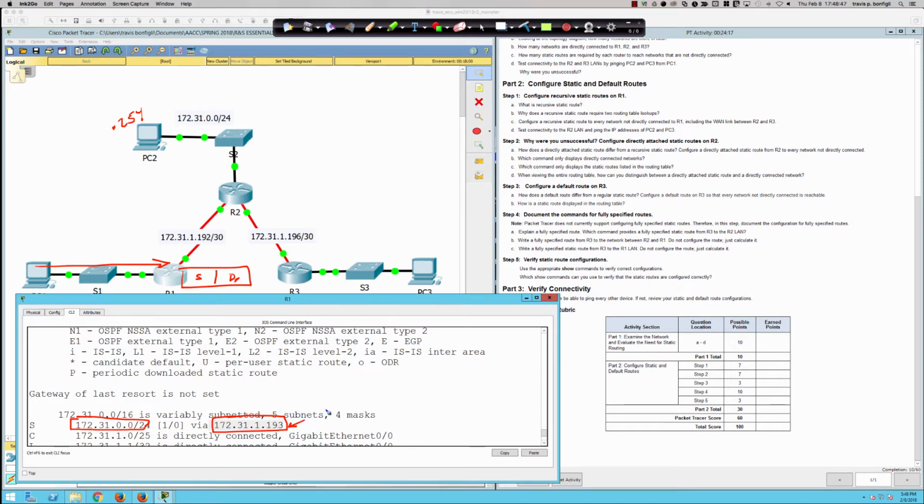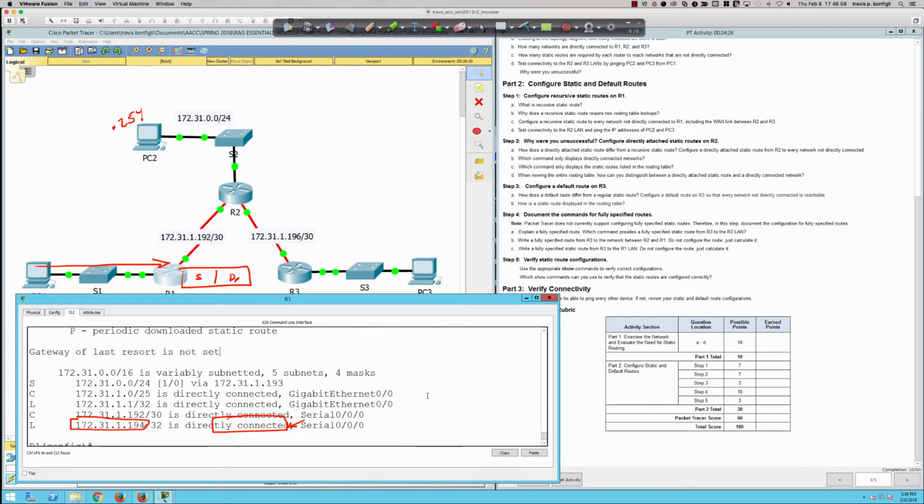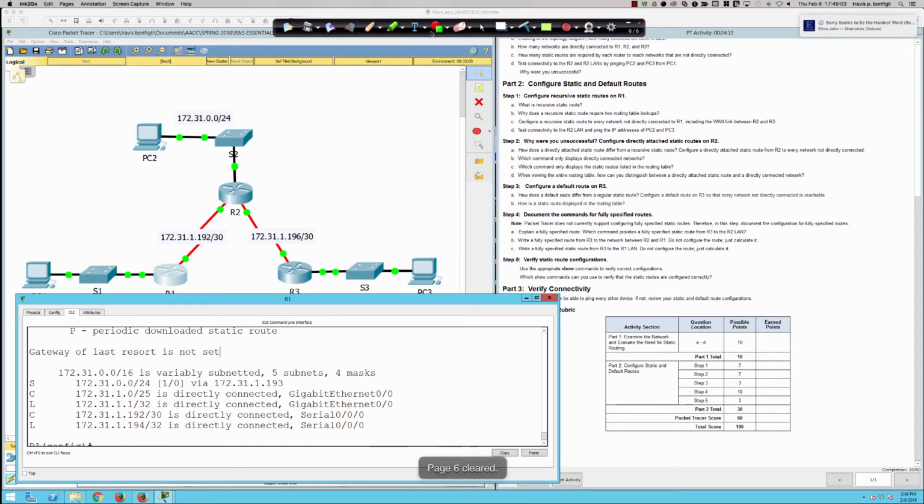So it looks in the routing table one time, and I should have probably cleared there. I didn't give myself enough room. Let me clear out here real quick. So it looks in the routing table, and it says, yeah, this is awesome. I know the next hop IP address.